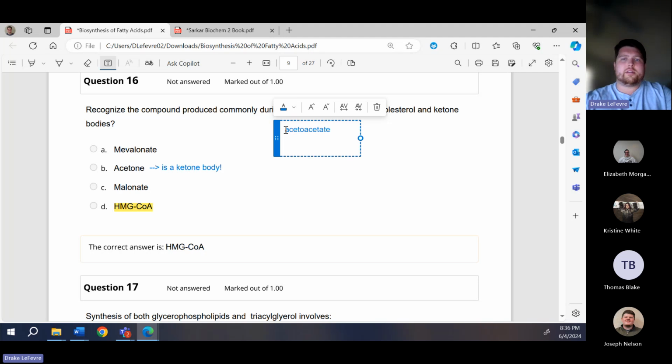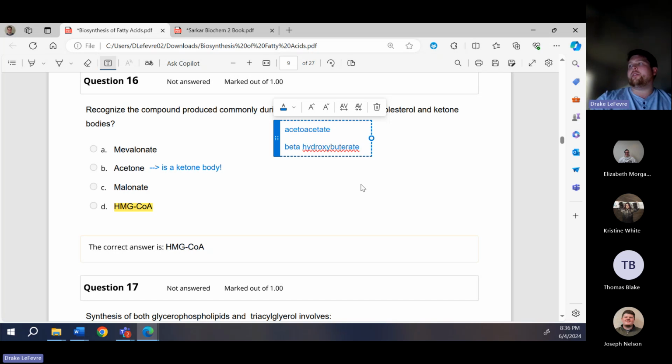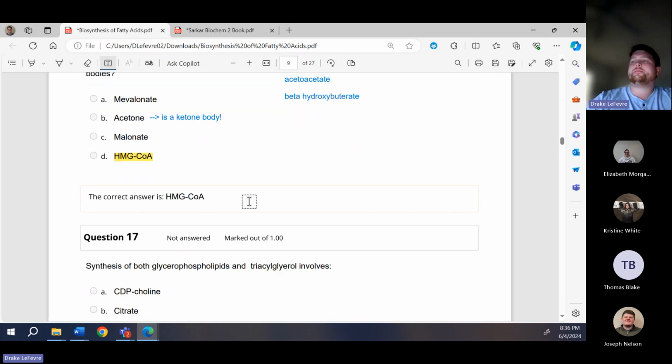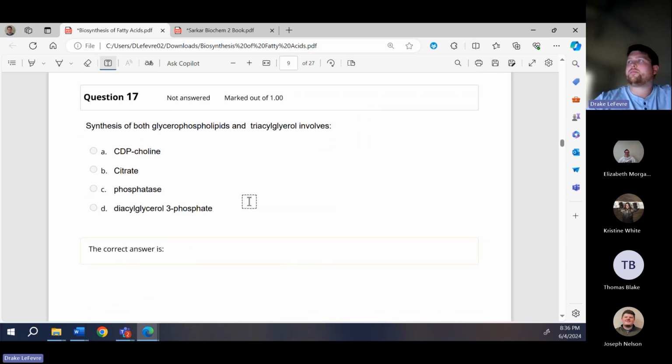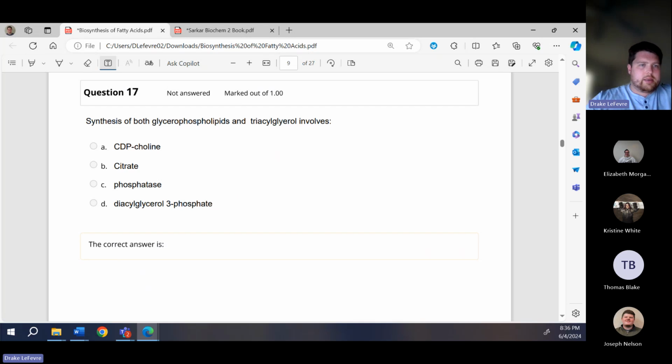And then Kristen, you remember the last one, right? Something butyrate, right? Buto something. It's like hydroxy. Beta hydroxybutyrate. Beta hydroxybutyrate. Yeah, nice. Beta hydroxybutyrate as our other ketone body. Okay.